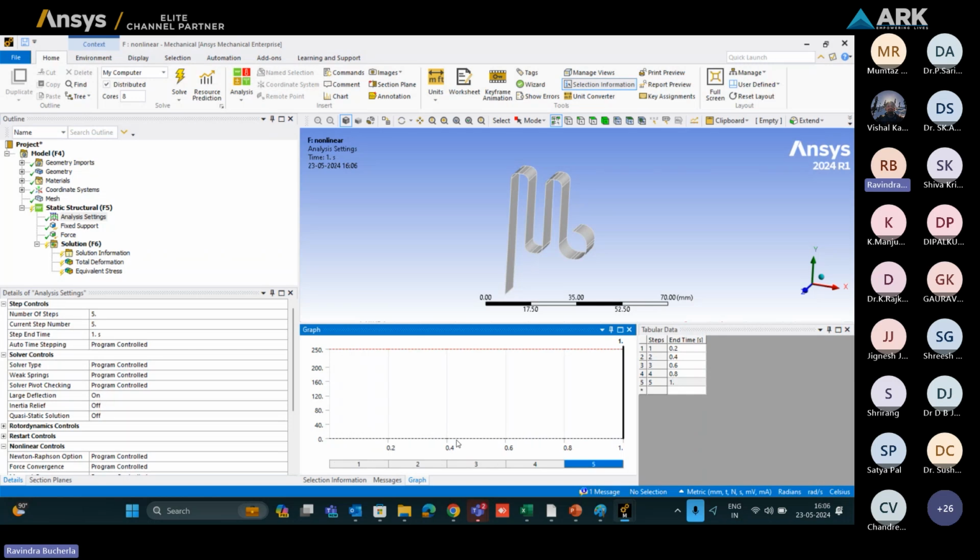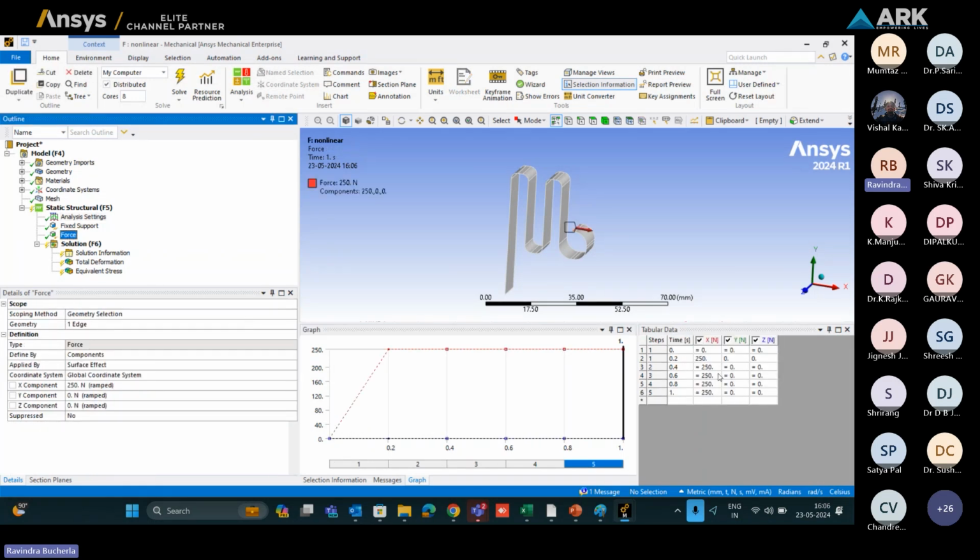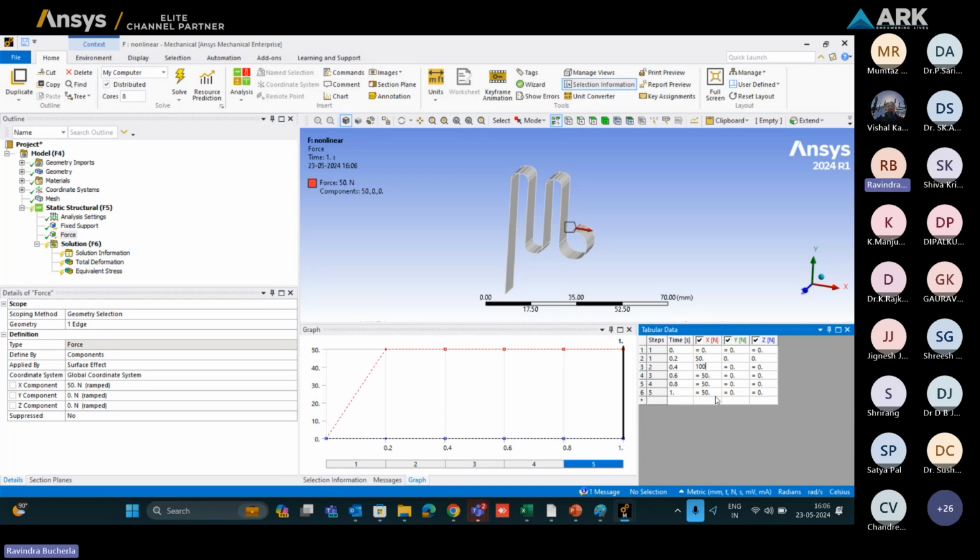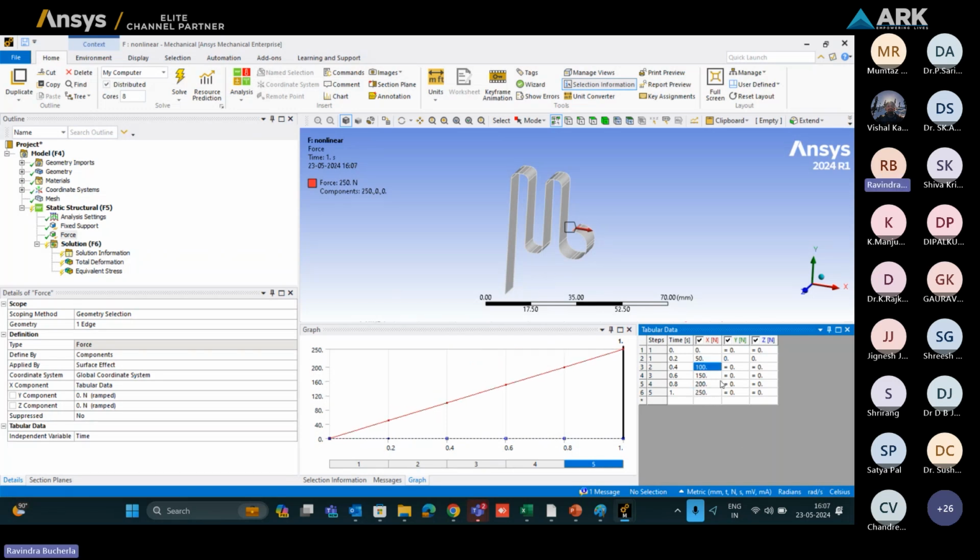So we are applying the same force in 5 parts. That means 50, 100, 150, 200, and 250.